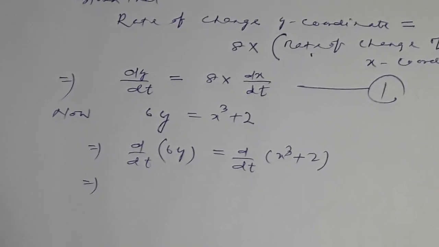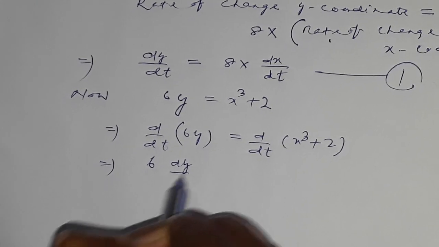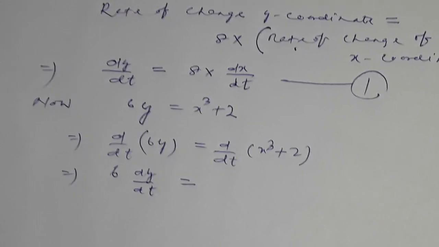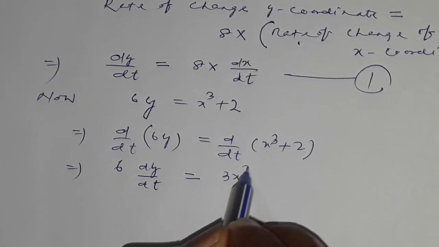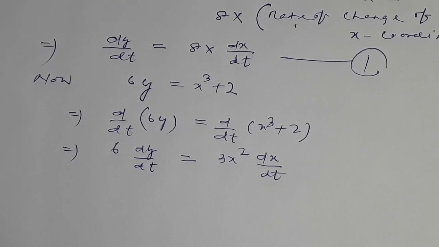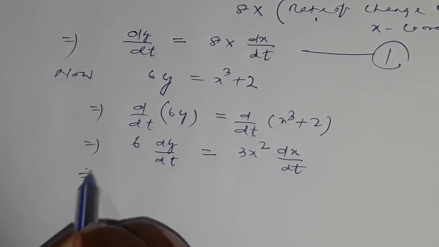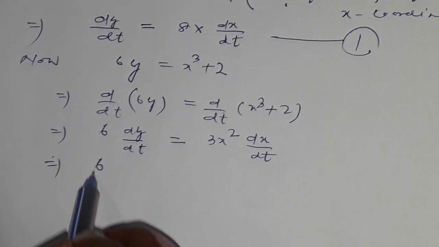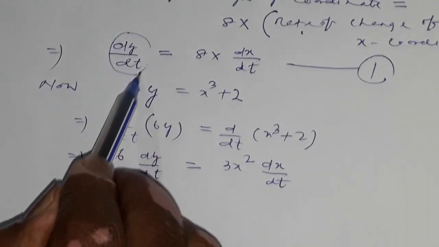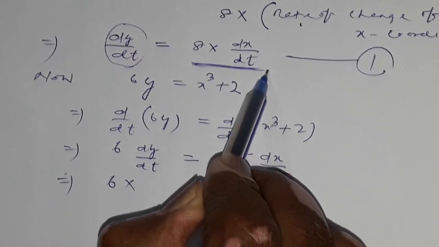This implies 6 into dy by dt equals 3x square dx by dt plus d by dt of 2, which is 0.